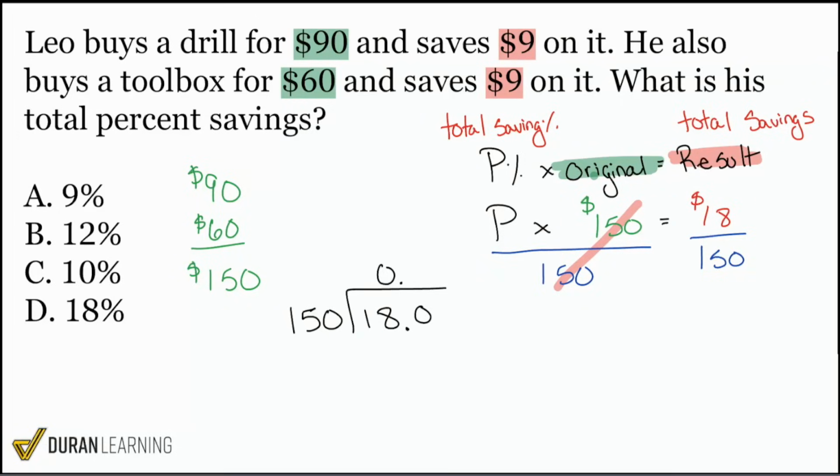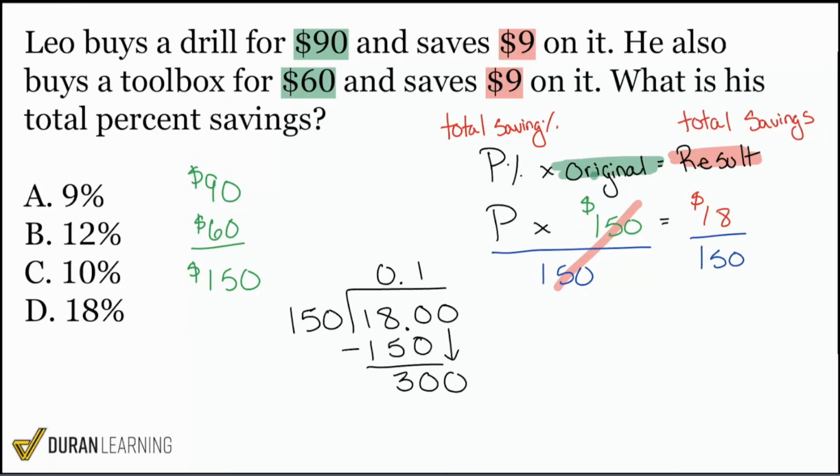That's going to be once. I'll write that right there, and we will subtract 150, leaving us with 30. And then next, we'll drop that 0, bring it down, and we'll ask ourselves, how many times does 150 go into 300?